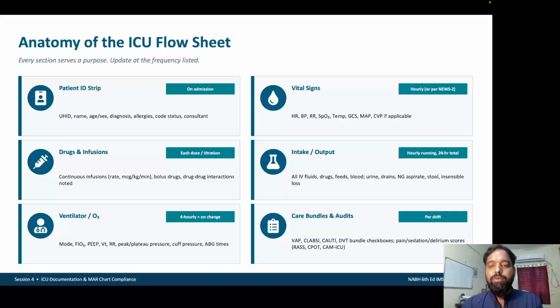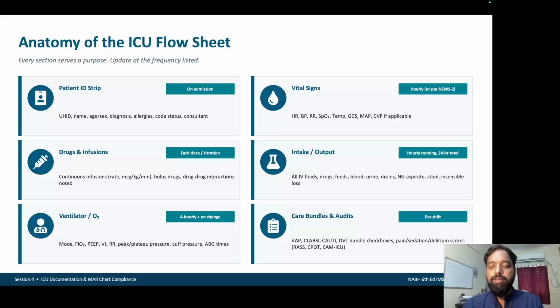The intake output chart includes total intake and output for the entire 24-hour period. All the IV fluids given, drugs given, feeds, food intake and blood transfusion, everything is calculated in intake. And the drains, NG aspirates, stools, insensible losses and urine come under the output chart.